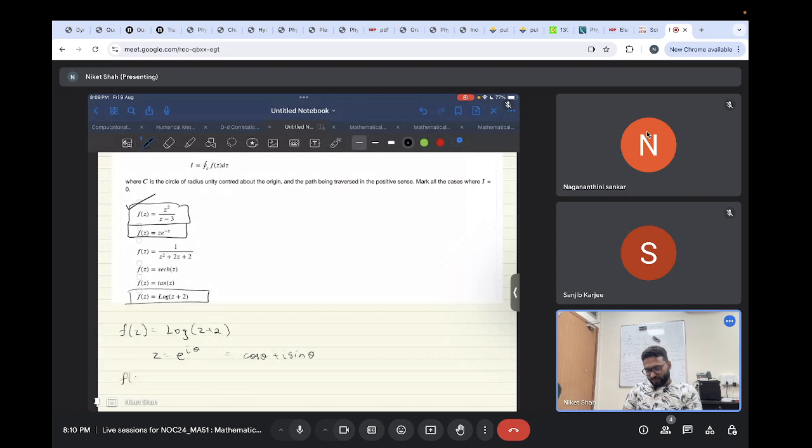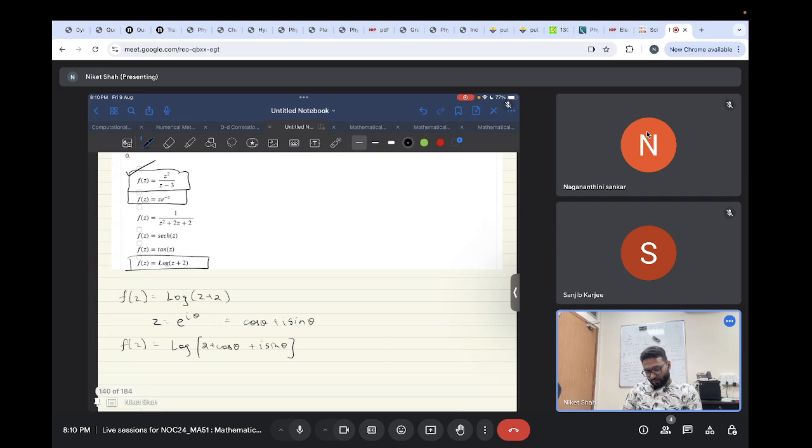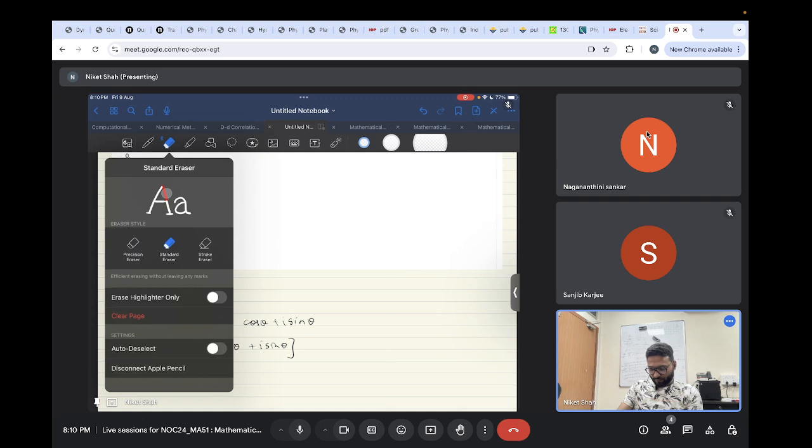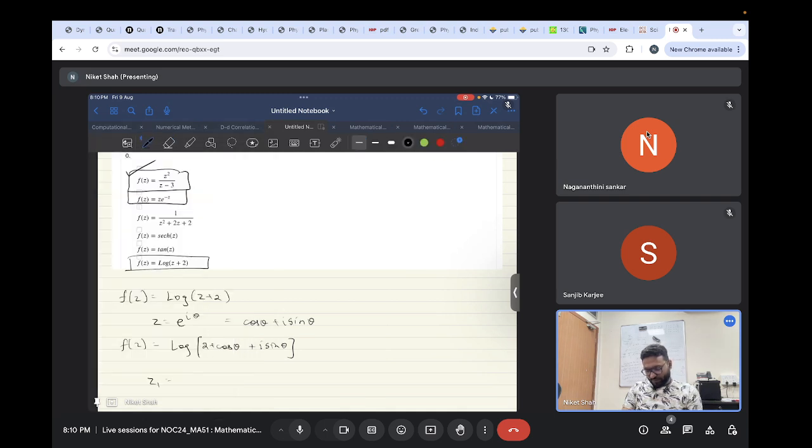So then f of z is equal to log 2 plus cos theta plus I sin theta. Now let's redefine some z prime, or let's call it z1, which is 2 plus cos theta plus I sin theta.